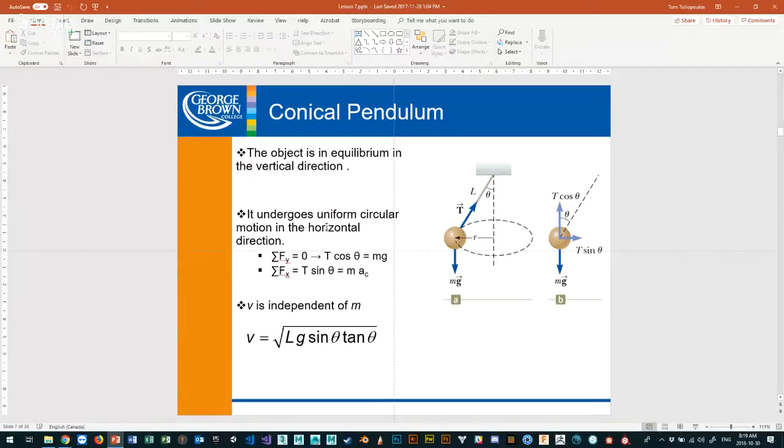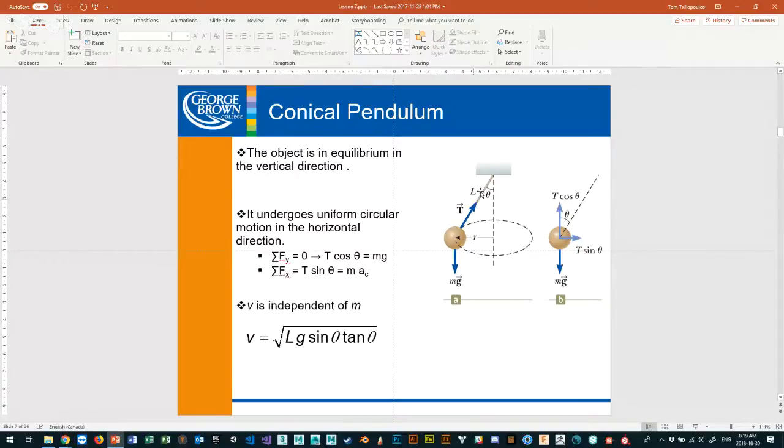So if we break it down into two components, the sum of all forces across the y-axis, the axis that's up and down, must be 0, because the thing is not falling down. That equals the tension times cos theta. Remember when we talked about this?